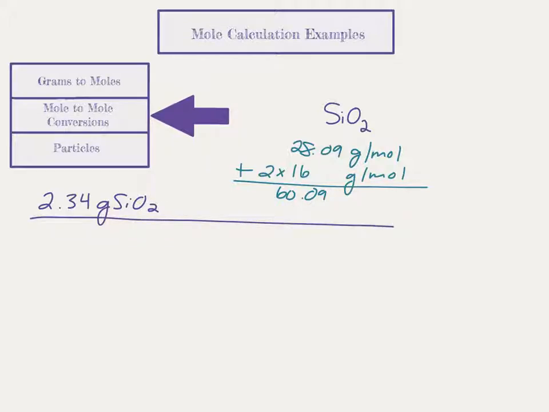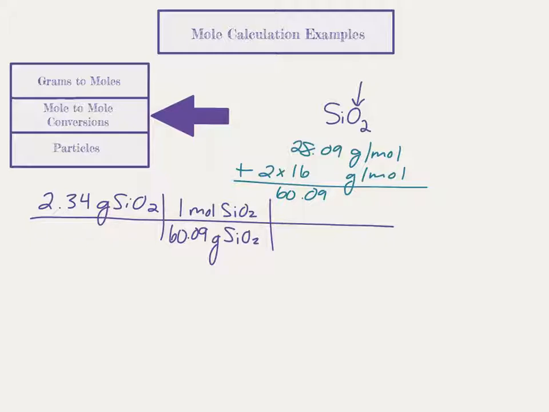We start this off exactly like we did the previous problems. We'll use the molar mass, 60.09 grams of silicon dioxide per mole. And now we can go to that original question, wanting to know how many moles of oxygen there are in silicon dioxide.